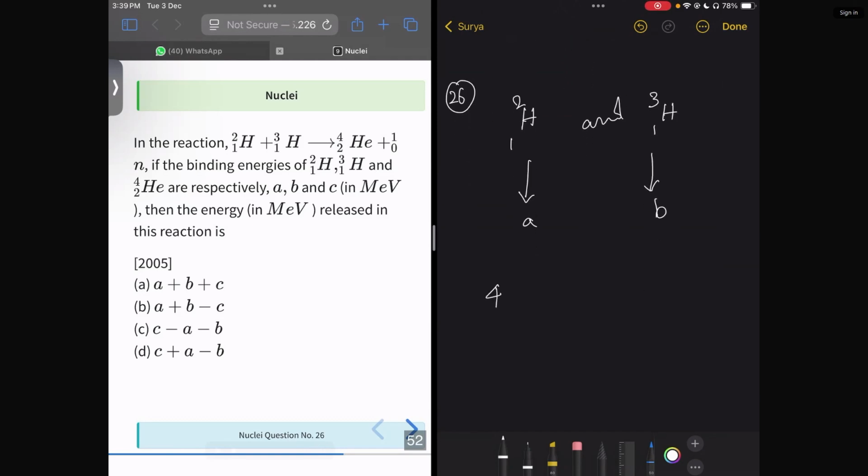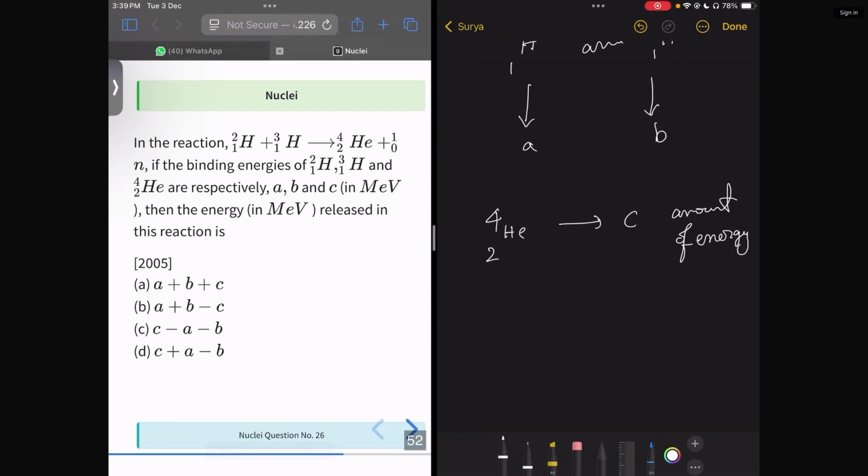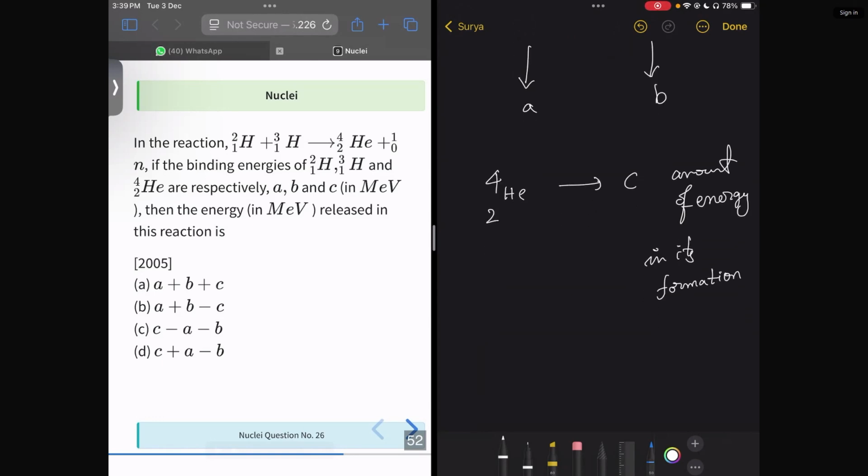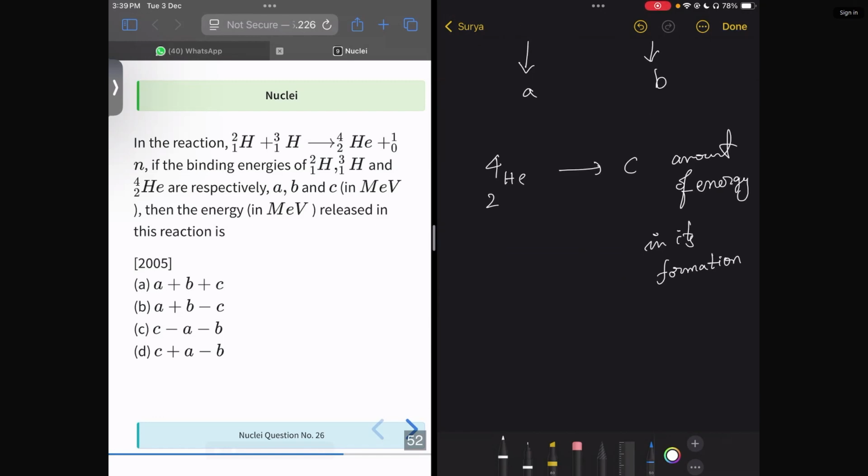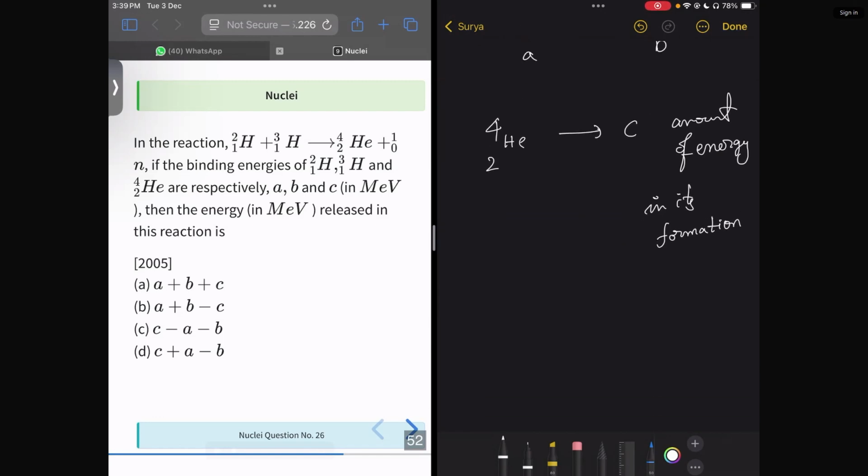Then helium releases C amount of energy in its formation, in assembling the nucleons as a nucleus.